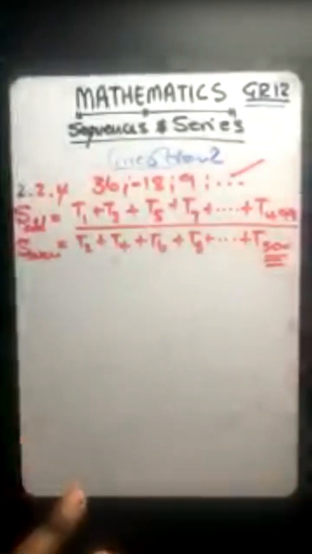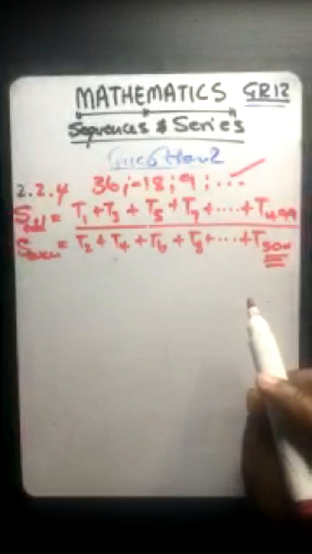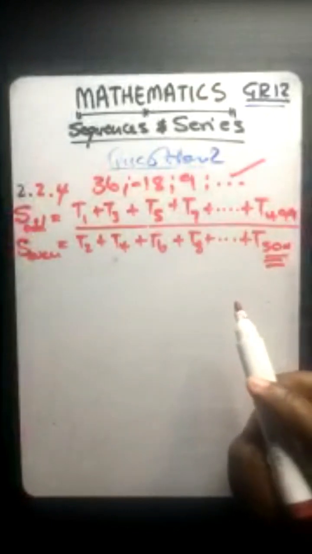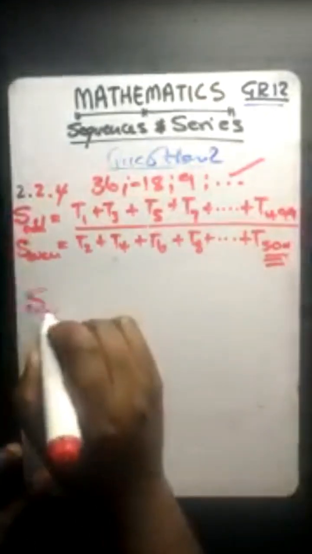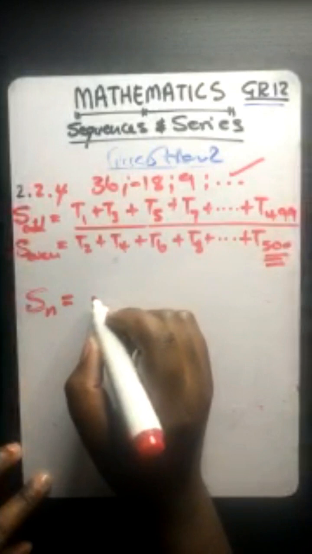But now, that is where that formula comes in, the shortcut, where you say, let's see, the sum of that formula. Which formula are we then going to use between those two formulas?